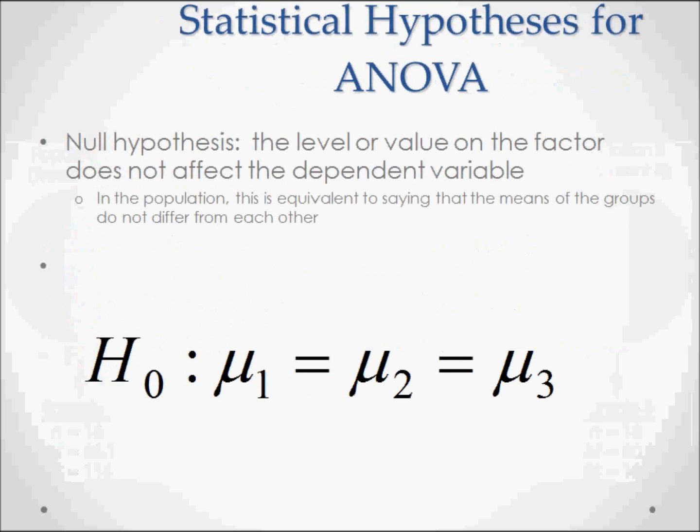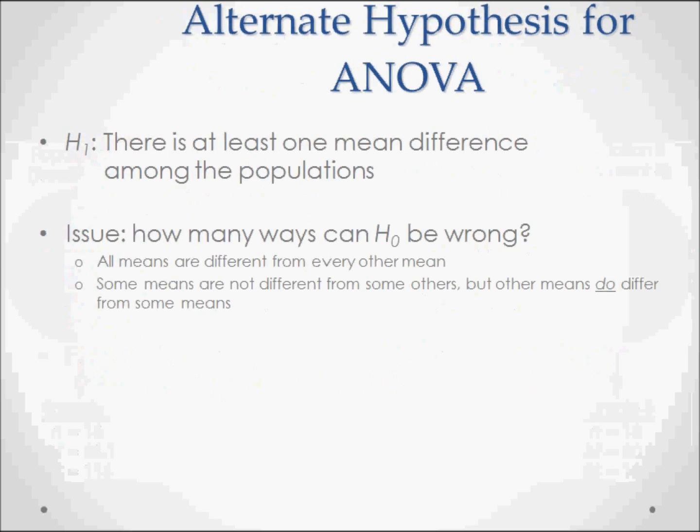Our null hypothesis extends to the third population, saying that all 3 populations are equivalent. So there are no differences between our populations. Our alternative hypothesis always says there's at least one mean difference among the populations. It doesn't ever specify where that difference is. It just says there is one.